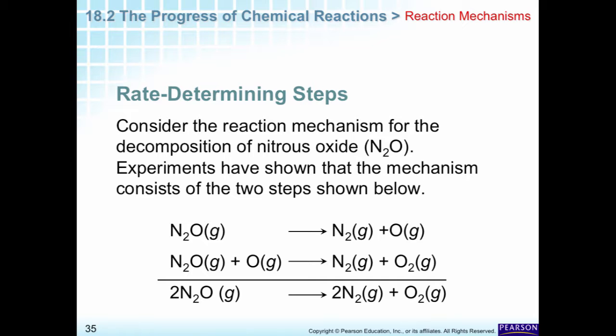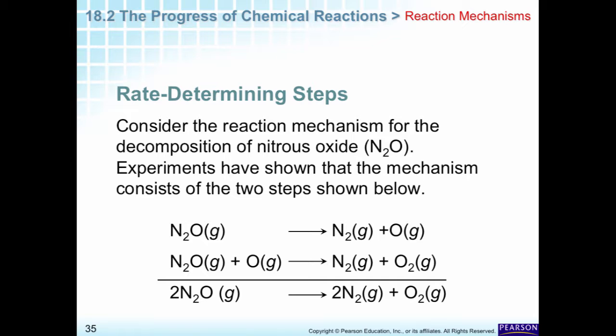So here we have a reaction. We have N2O, one of the nitrogen oxides, nitrous oxide, forming nitrogen gas, and elemental oxygen. It's not O2, it's just elemental oxygen. Then another molecule of N2O reacts with that to form N2 and O2.